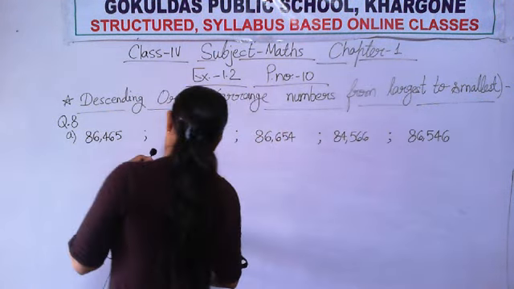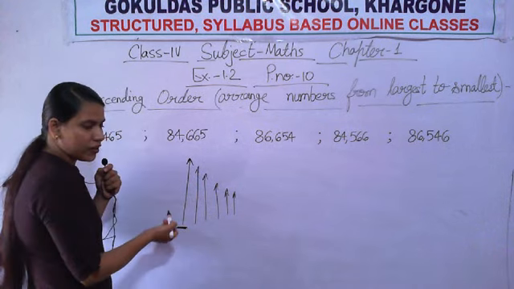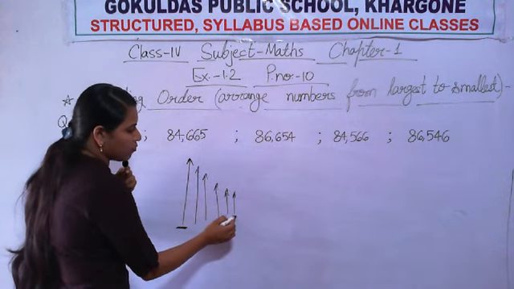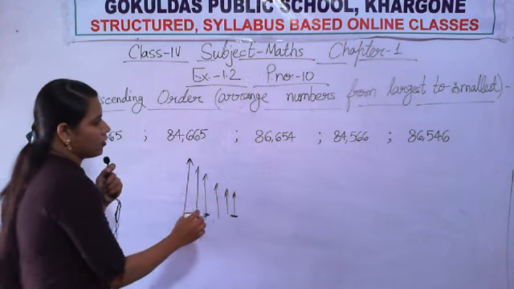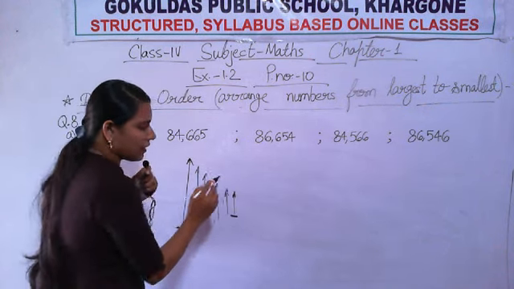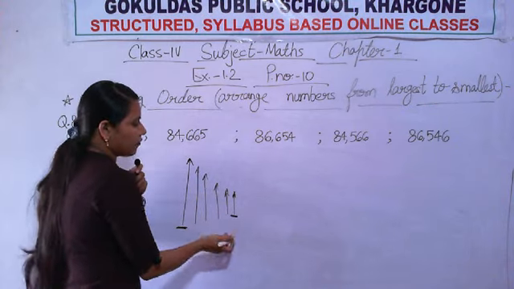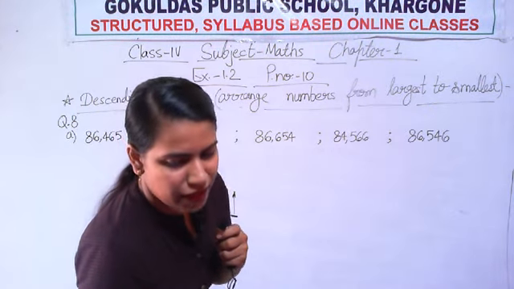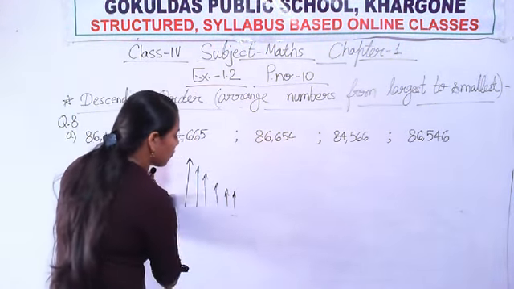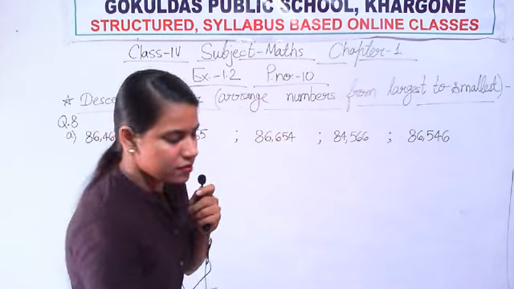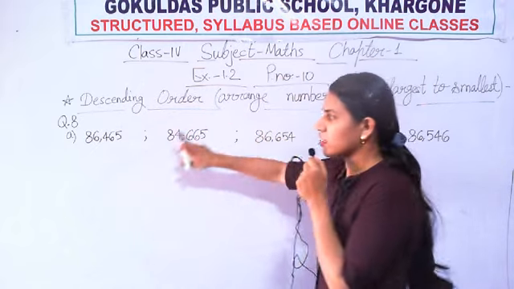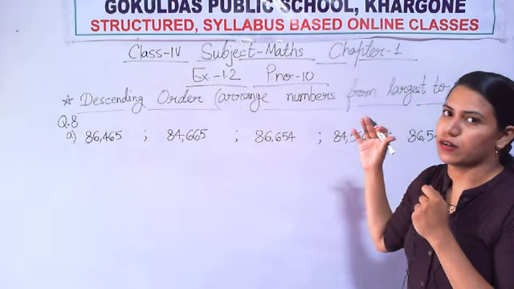The tallest boy or girl stands first, and the shortest students stand at last. In this manner we arrange the numbers also. Means in descending order, the first number will be your largest number.